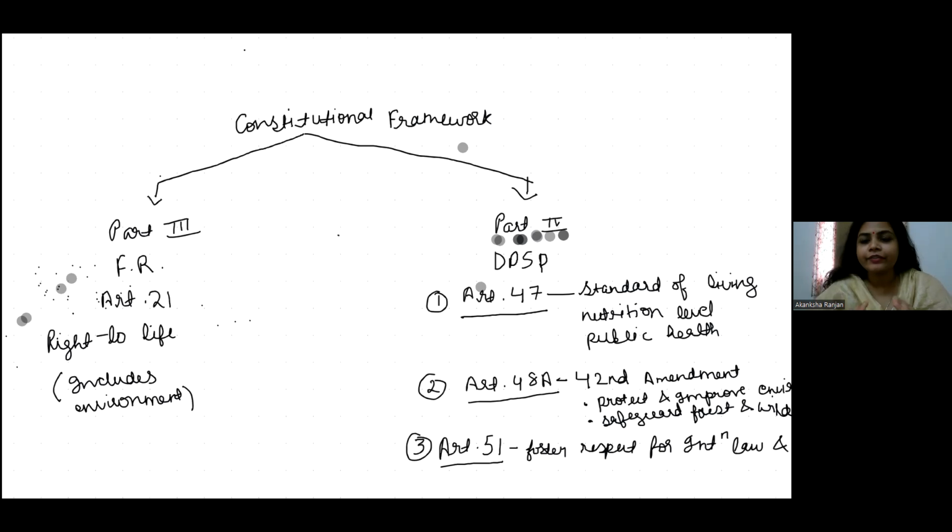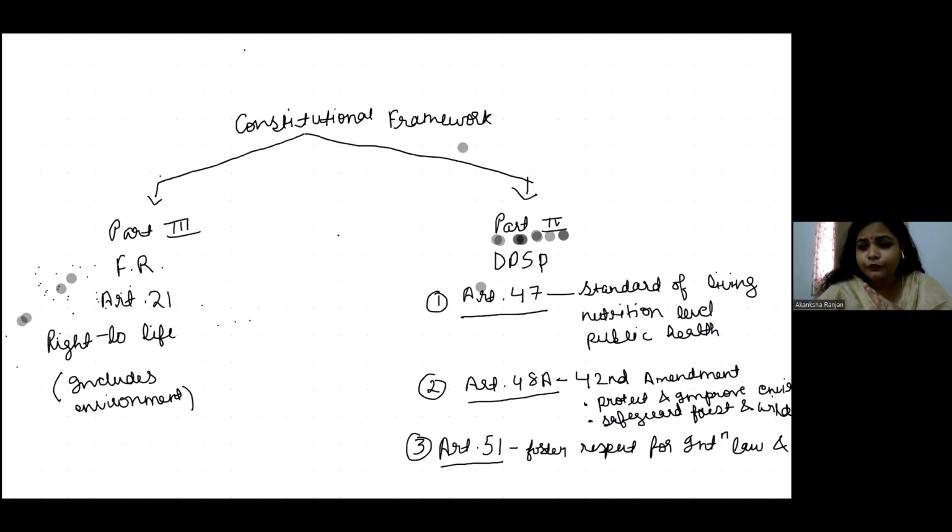So here I have differentiated in two parts the constitutional framework which is existing in our constitution. First is Part 3 and the second is Part 4. In Part 3 it's fundamental rights, so it's Article 21 which talks about right to life, and under that we can include the environment part because in various judgments Article 21 has been referred to protect the environment.